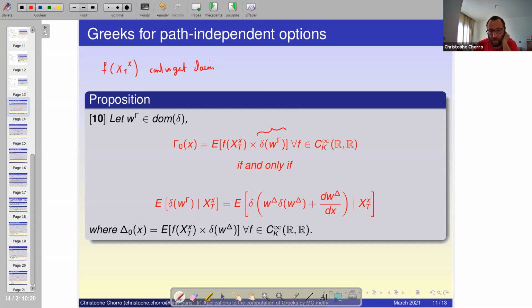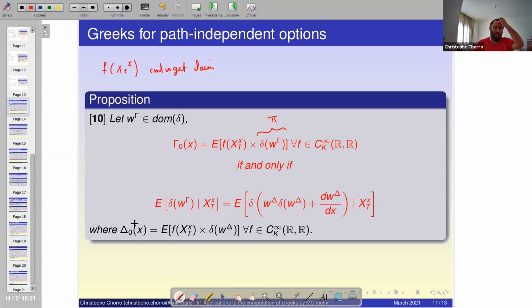So for the gamma, I want to obtain my classical expression, and I said that I will obtain a weight of the form delta of W gamma, where W gamma belongs to the domain of the Skorokhod integral, if and only if the conditional expectation of delta W gamma is equal to the conditional expectation of this form here, delta of W delta times delta W delta plus the derivative with respect to x of W delta, where W delta is an element of the domain of delta such that this condition is fulfilled.